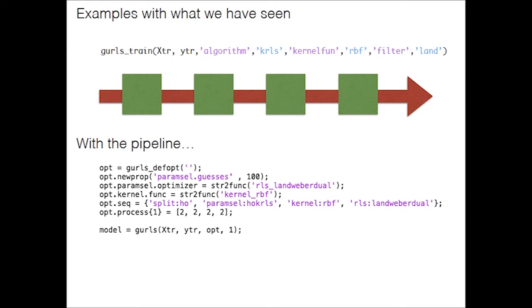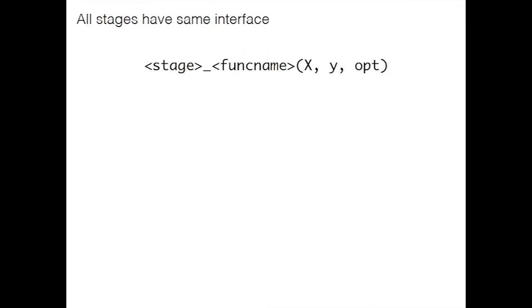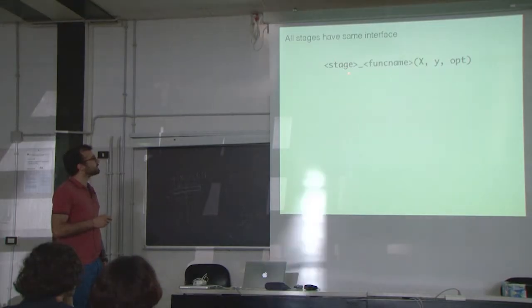So an expert user can just modify the pipeline with his own code, for example, and reuse, just to say, the splitting part and the model selection part. It is possible because each block in the pipeline is a function, and such functions have the same signature.